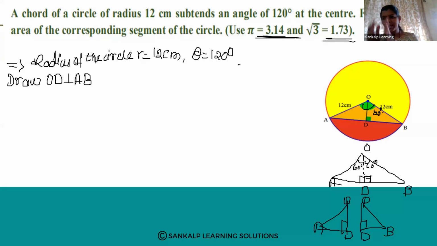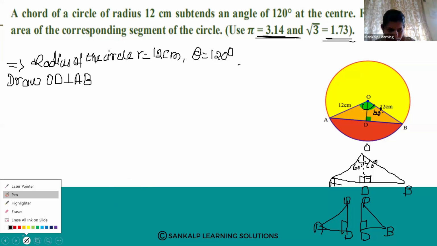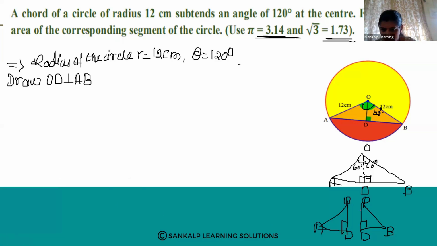So now you have drawn OD perpendicular to AB, and it divides that triangle into two parts. Here angle O is 60 degrees. Observe carefully: angle O is 60 degrees and angle D is 90 degrees, right?